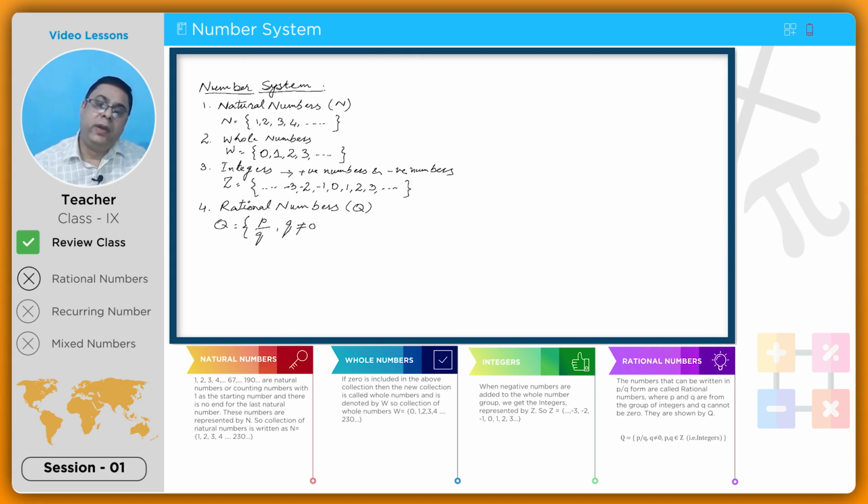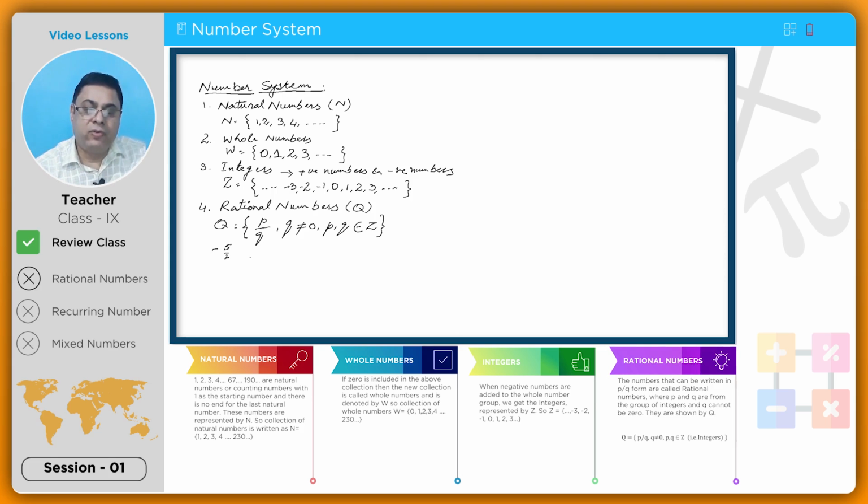And both p and q belong to the group Z, that is integers. So p and q both can be negative or positive, with only one condition, that the denominator q cannot be 0. The numerator can be 0.